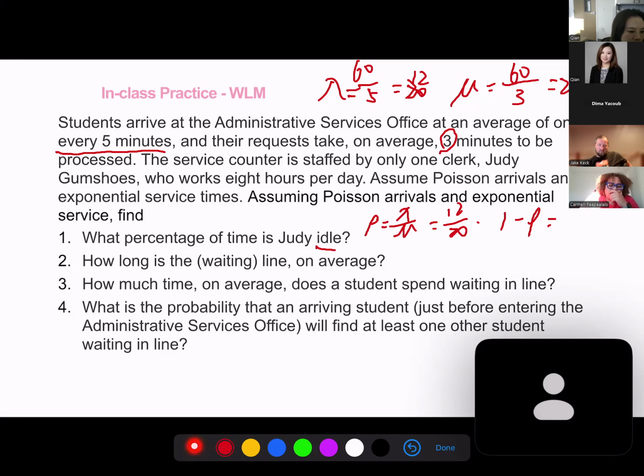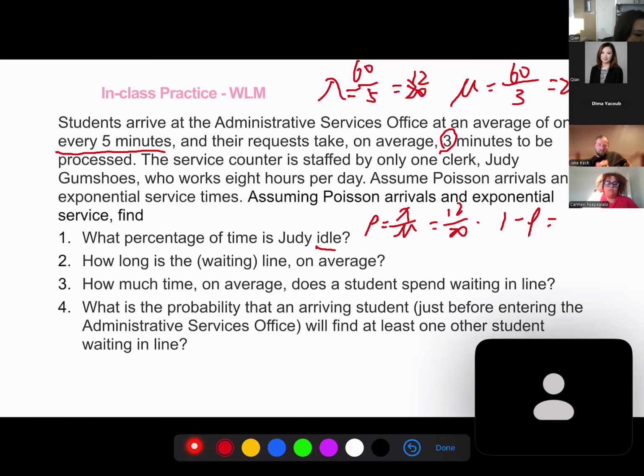So the second question: how long is the waiting line on average? The first thing when you do these types of questions is to figure out what it asks for. How long is the waiting line on average?